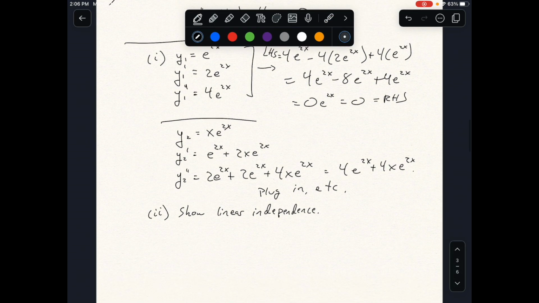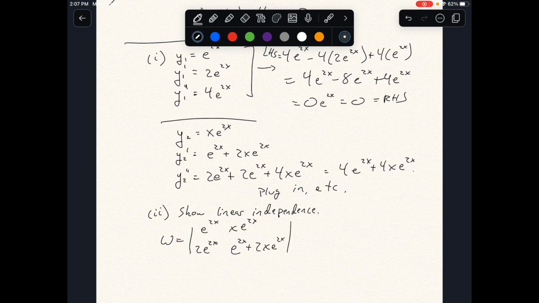and the way that you do that is by computing the Wronskian. So the Wronskian is the determinant of the matrix that you get when you put y1 and y2 in the first row, and then their derivatives in the second row. Like so.